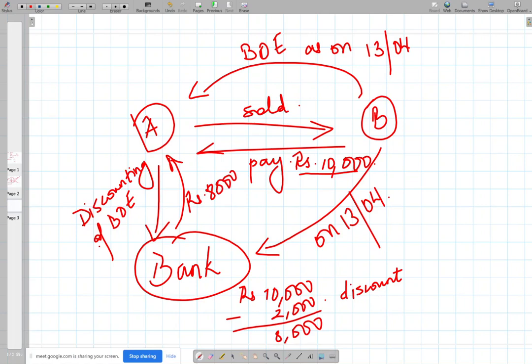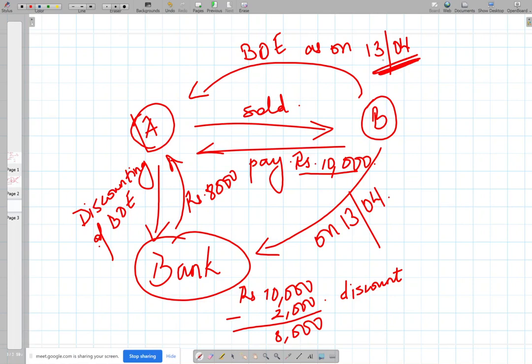I'm just giving 2,000 as a random figure. It depends on what is the discounting rate that banks use. Discounting is nothing but that commission which the bank takes for paying you the money in advance. Otherwise, A would have to wait till the maturity date to get that same amount from Mr.